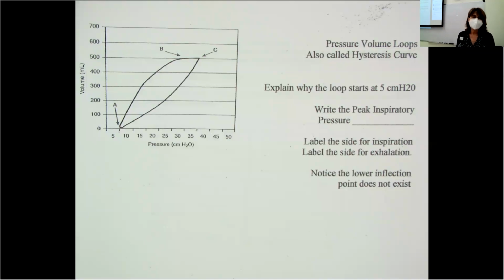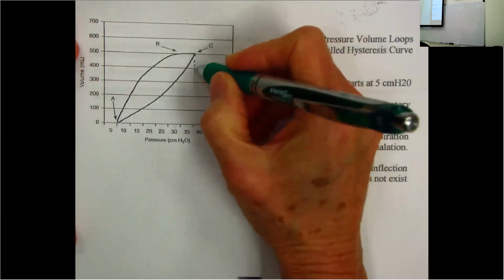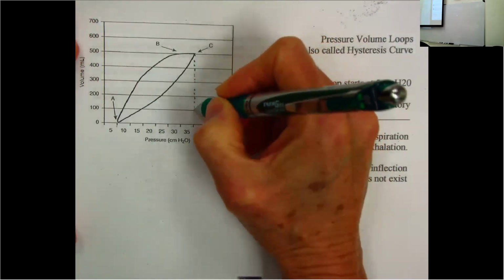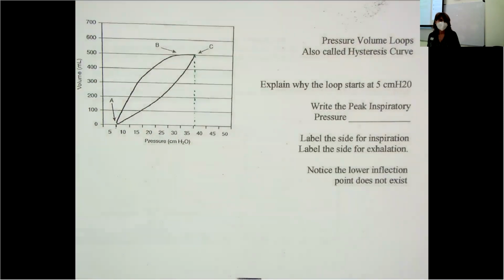And then it says, write the peak inspiratory pressure. How would you figure that out? Would it be like 35? Yeah, around 35 centimeters of water.